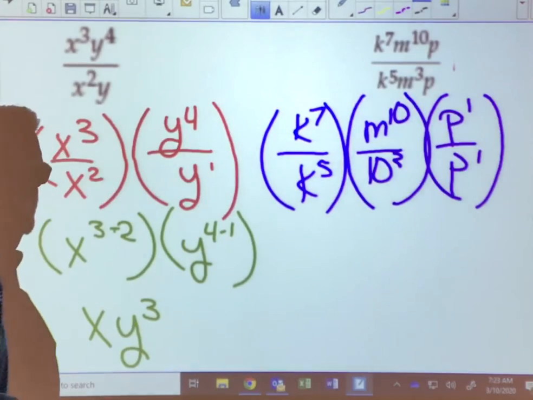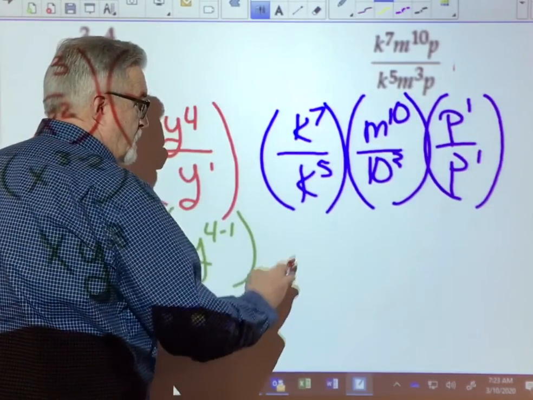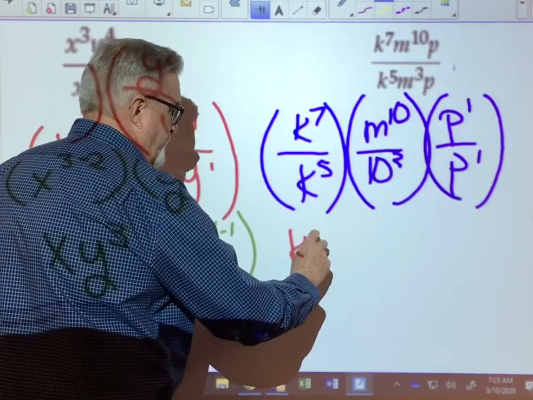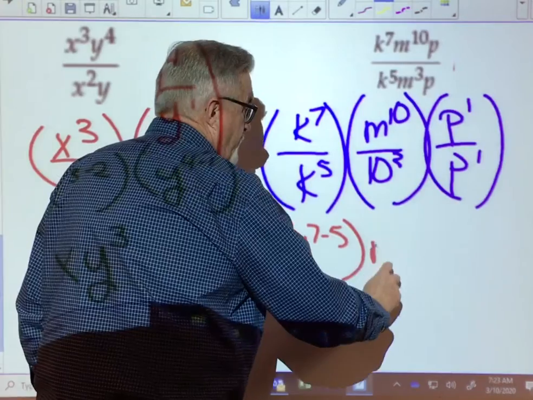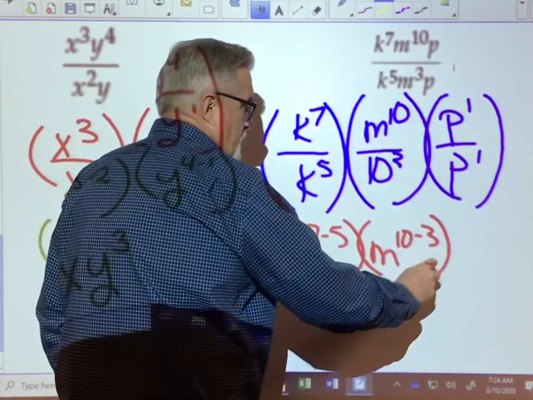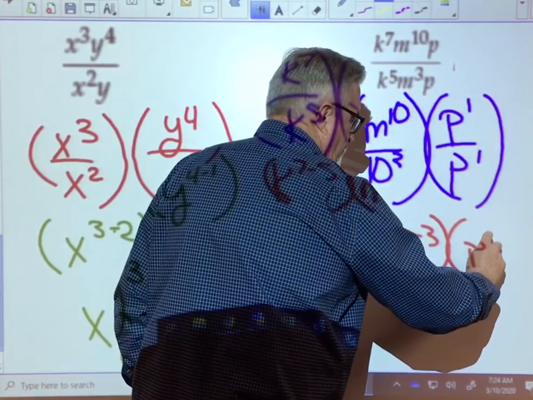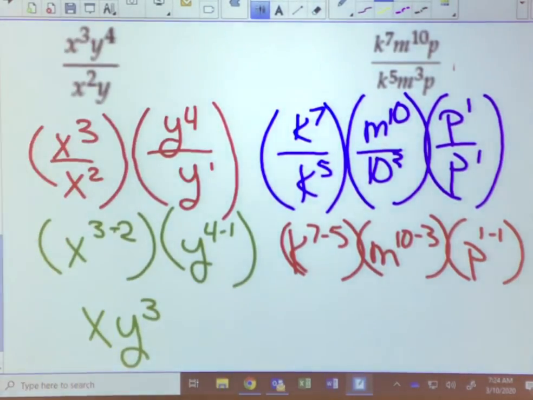Now let's apply our rule, which was that second step. So on the second one, we have k to the 7 minus 5 power. We have m to the 10 minus 3 power times p to the 1 minus 1 power. Okay?